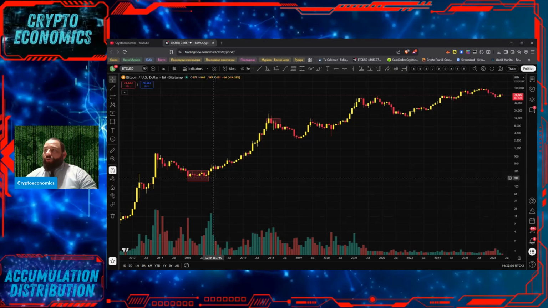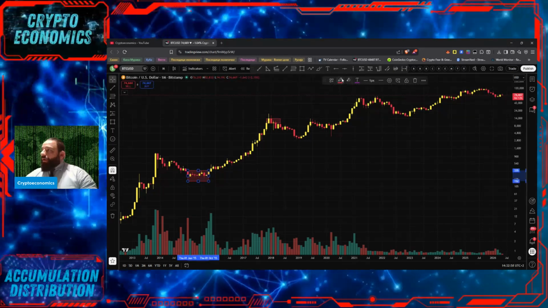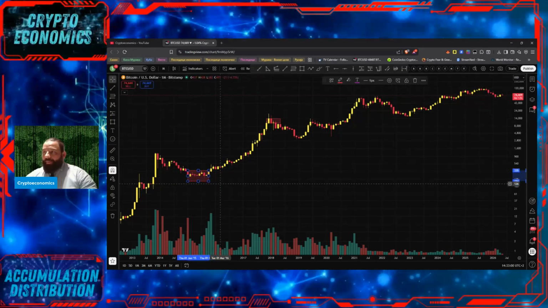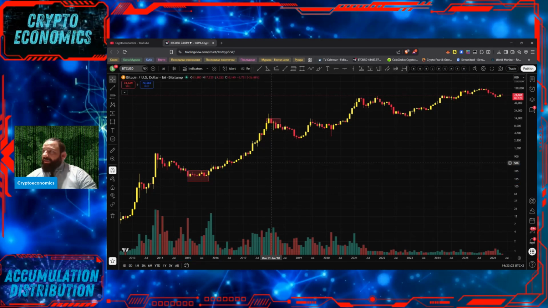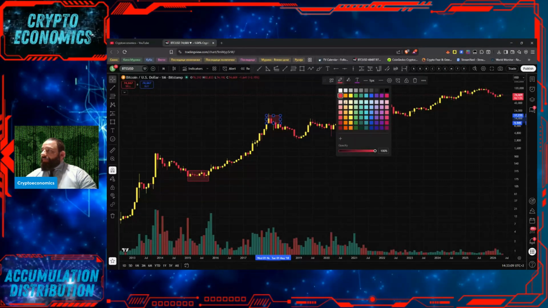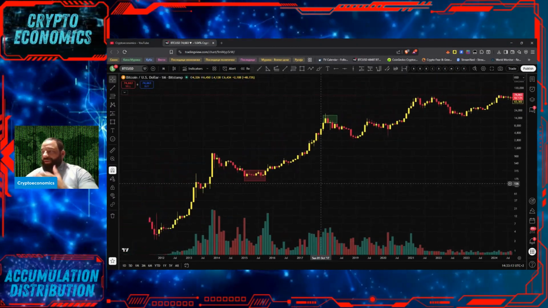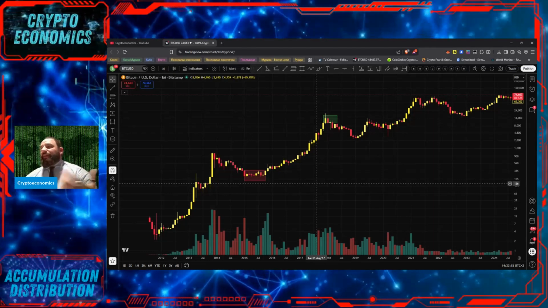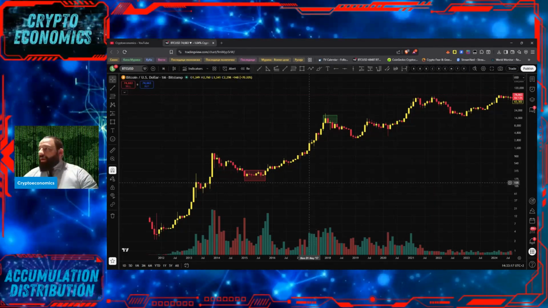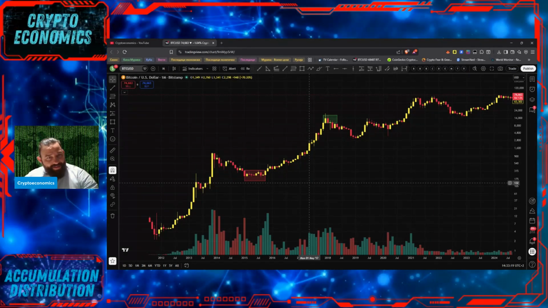Now, we're going to be marking the lower part, or accumulation, of a chart with red, and the higher part we're going to be marking with green, which is practically the time where usually people mostly sell. Why is it so important? Accumulation and distribution phases are, again, the psychological behavior of investors and traders in a chart.